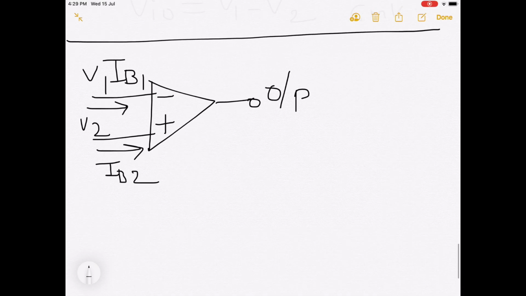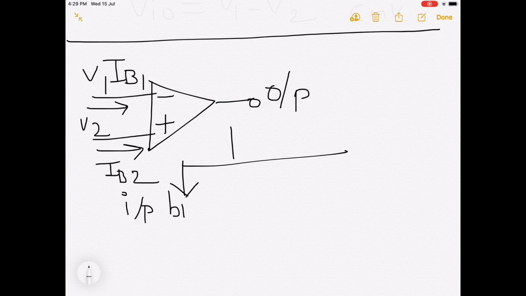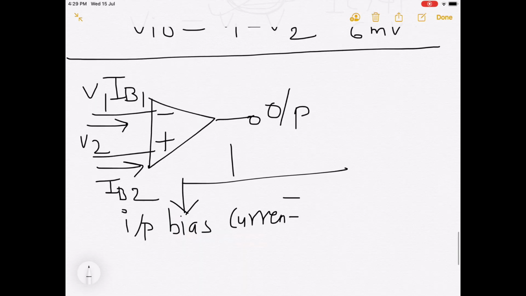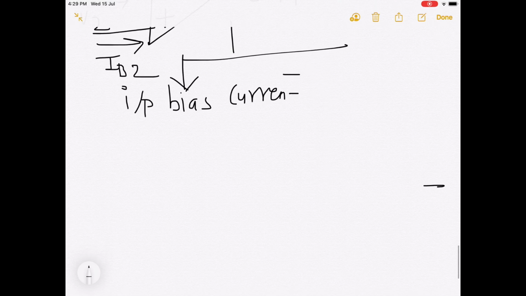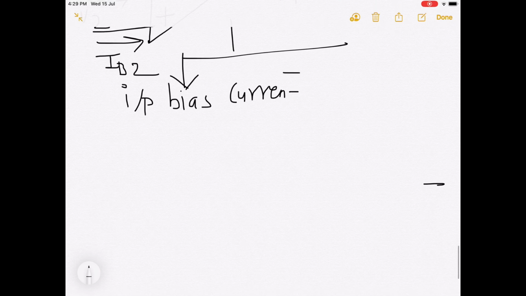There are again two parts for this bias current: first is the input bias current and second is the input offset current.